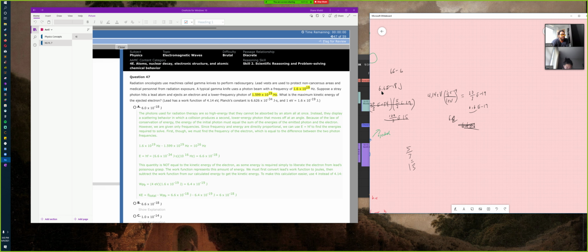So this could be 66, this can be 6 or something. So if you just use that work function thing, you should be getting that right there.